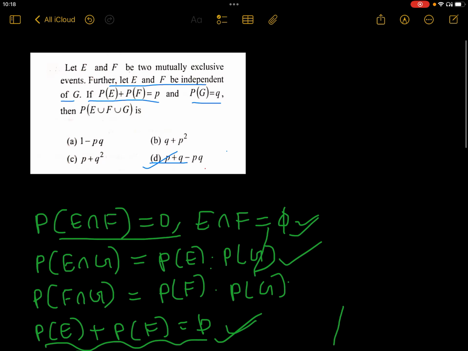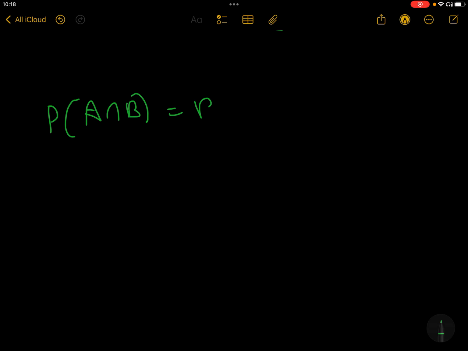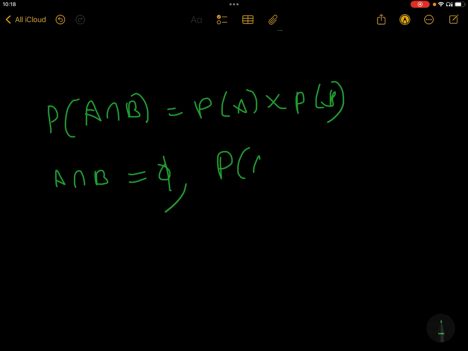So remember these points. If A and B are independent, P of A intersection B is P of A into P of B. Also, if they are mutually exclusive, A intersection B is equal to the null set, or P of A intersection B is equal to 0.